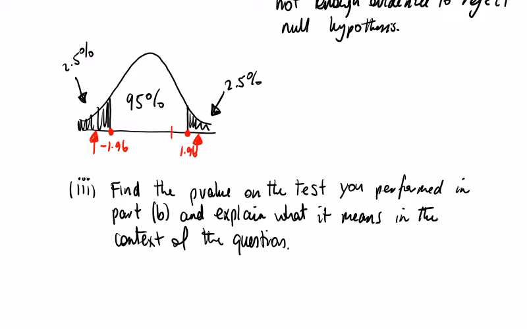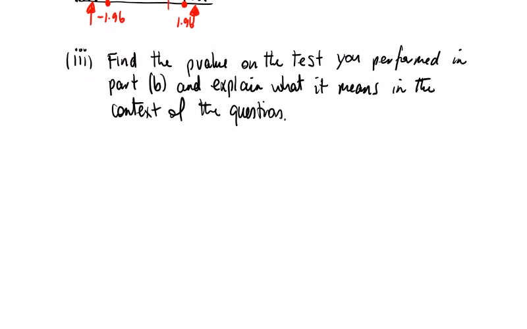So part 3, we're asked to find the p-value in the test we performed in part B and explain what it means in the context of the question. So the p-value is the two tails added together based on our answer, which was 1.71.